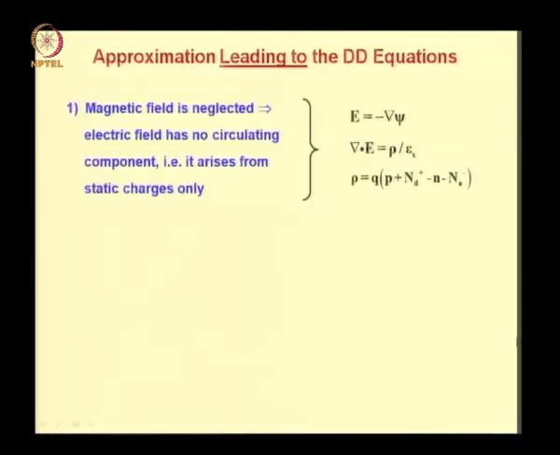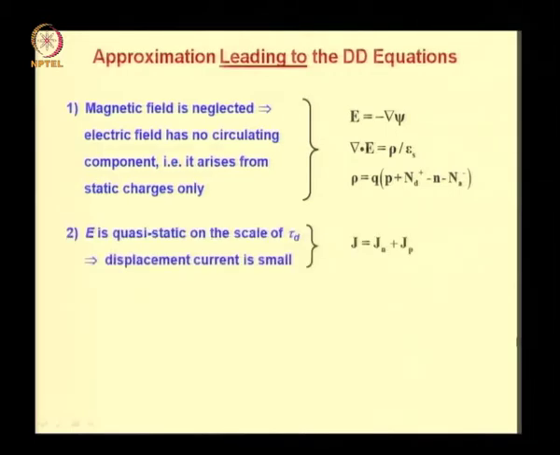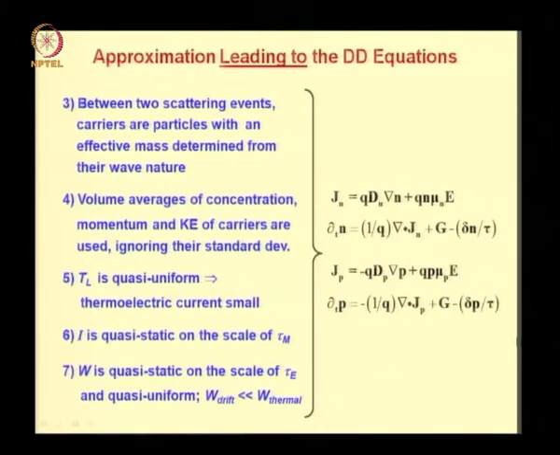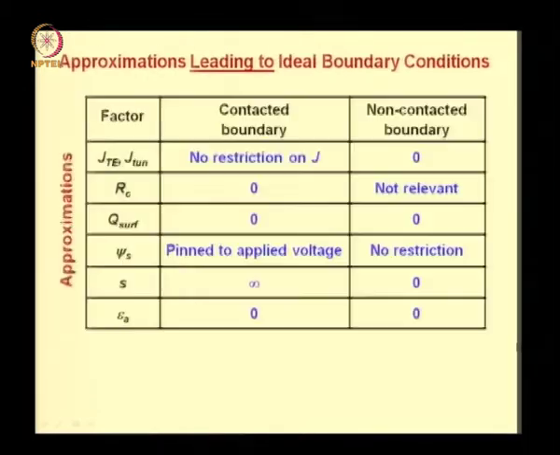Now, approximations leading to the drift diffusion equations, we listed them for the electrostatic equations, for the formula J equal to Jn plus Jp, wherein we neglect the displacement current, and a number of approximations associated with the current density and continuity equations. Approximations leading to the boundary conditions.